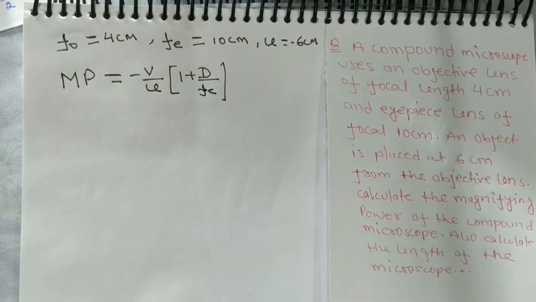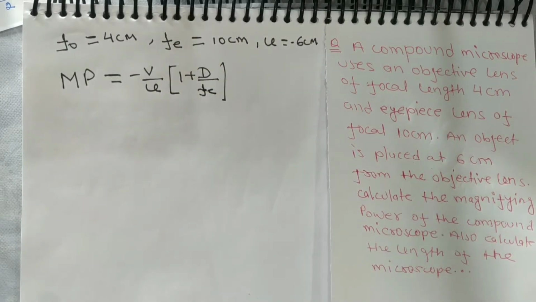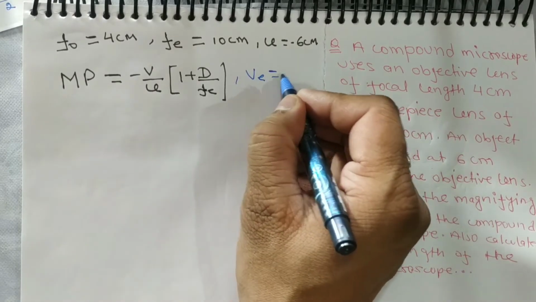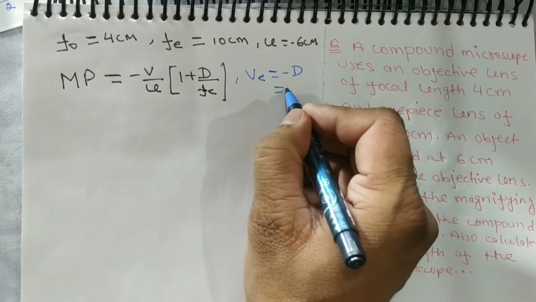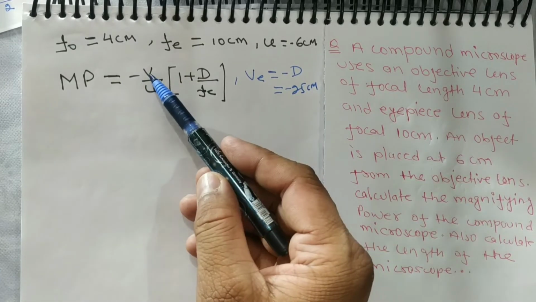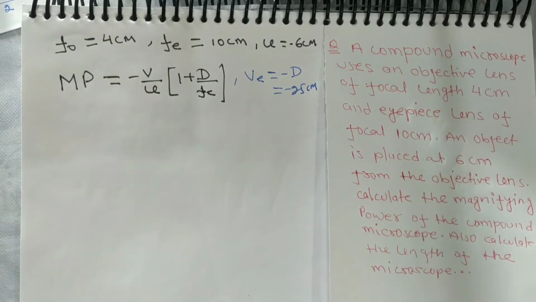In the question, we have u and fe. D is, as we know, that final image is formed at minus d and it is minus 25 cm. So we have to calculate only v, then we can calculate the magnifying power.